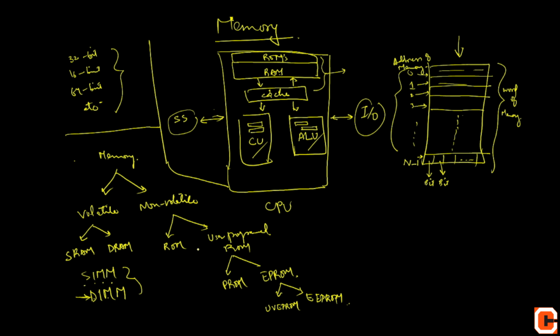This is unlike volatile RAM chips, in which if the power is interrupted, the whole data is lost. ROMs are also known as field stores, permanent stores, even dead stores. Those are the different names of the ROMs.